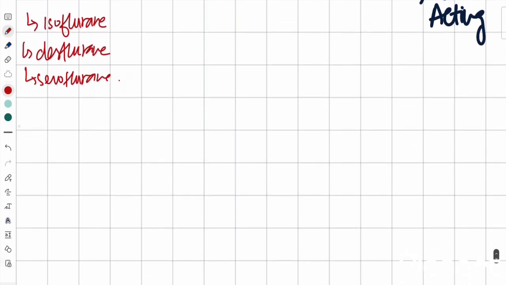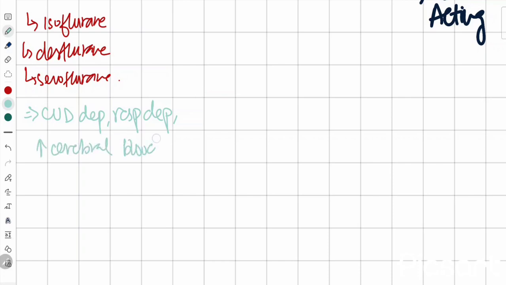But what are the effects? The major effects are cardiovascular depression, plus respiratory depression, plus increased cerebral blood flow, and increased intracranial pressure.